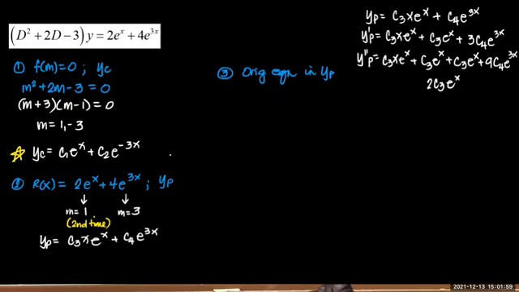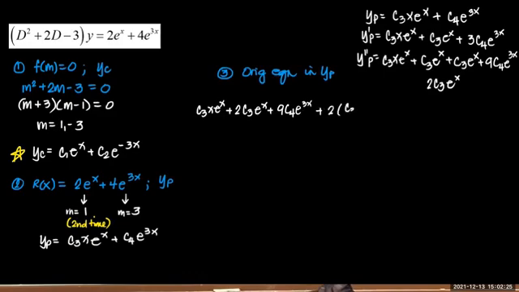Now let's plug it in the original equation. So that means this one is c3 x e to the x plus 2c3 e to the x plus 9c4 e to the 3x, plus 2 times derivative.